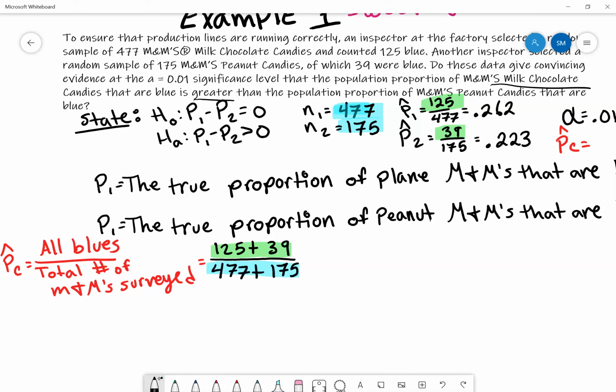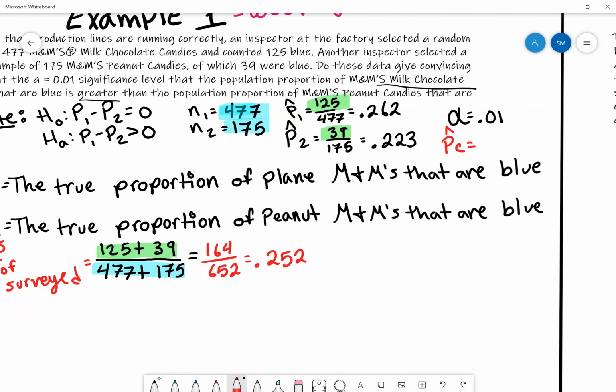So our combined proportion would give us 164 over 652, which would equal approximately 0.252. So that's 164 over 652, which is approximately 0.252. This right here is 0.252.